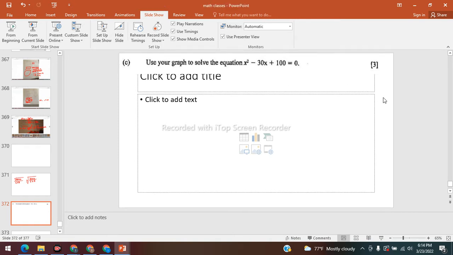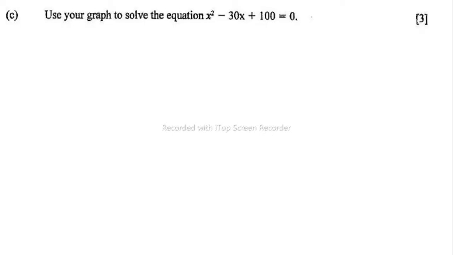But I'm going to use the quadratic formula, and hopefully it can give us insight as to how we can do it using the graph, because I'm not sure how to use the graph to do it at this point. Hopefully as we solve it using the quadratic formula, we can see how the graph and the equation they give us have some correlation.